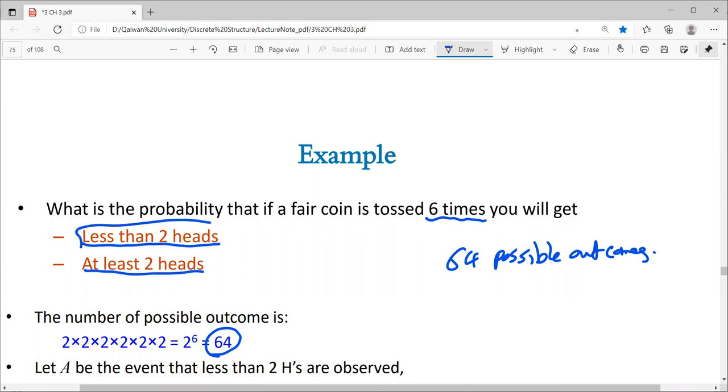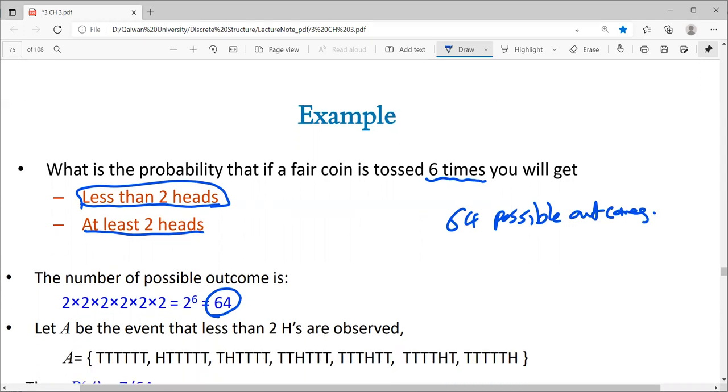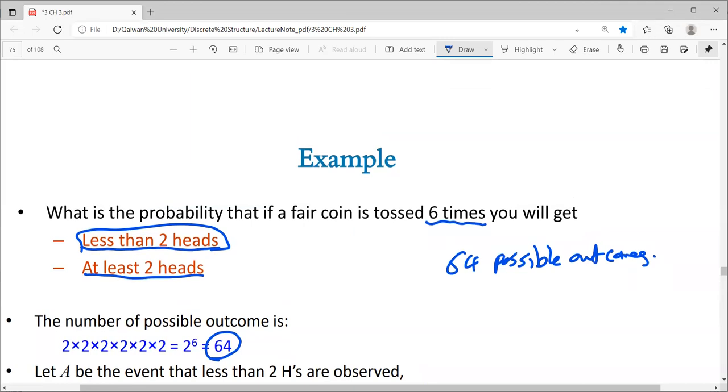And here we are asked 2 questions. The first one, what's the probability of less than 2 heads? That means we either have 1 head or no head. In only one case we have no head, if all turns are tail. So we have these possible outcomes for this one. It's either all tail, or one of them is head.